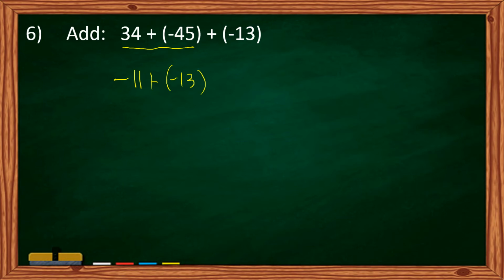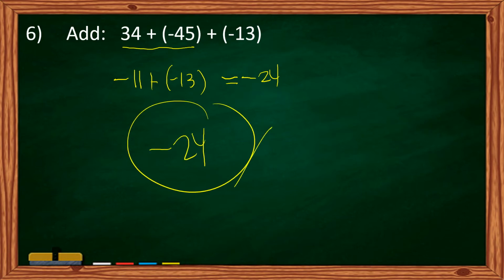This time, the two numbers have the same sign. Parehas na silang negative. So, ang ibig sabihin nun, mag-add tayo. So, 11 plus 13 is 24. But since they have the same sign, and they are both negative, you copy the sign. So, the final answer is negative 24.